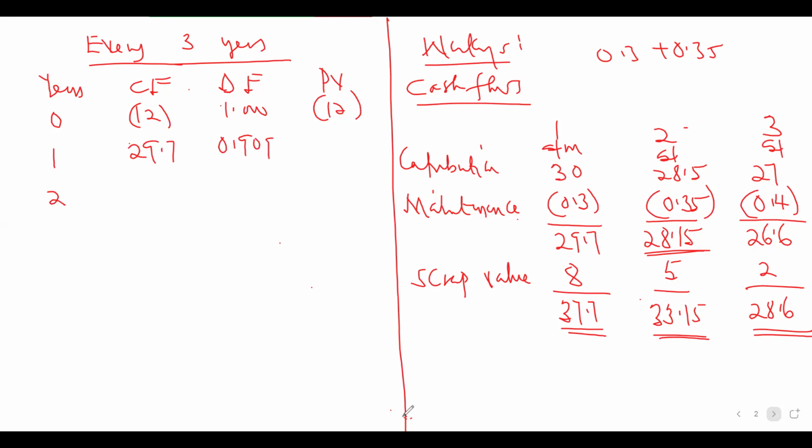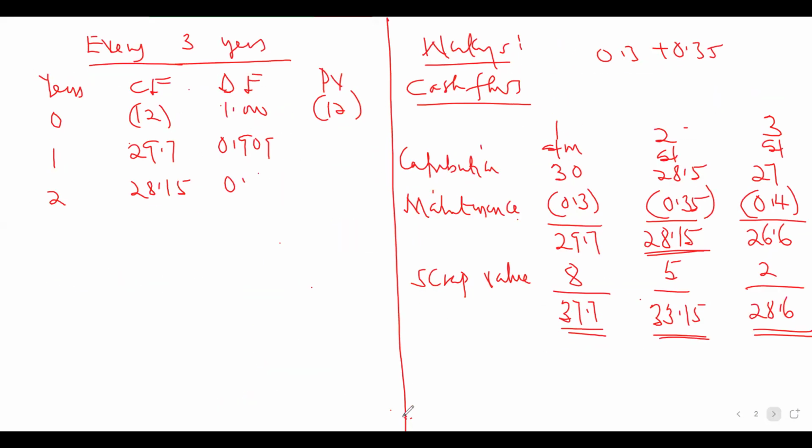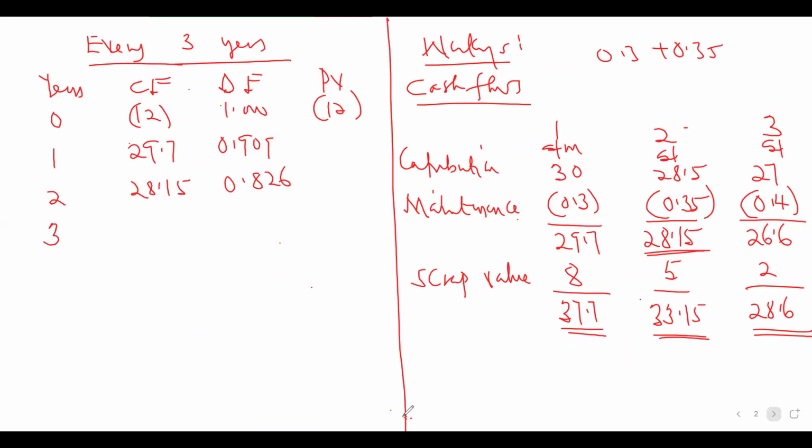Year two, what will be the cash flow that we are going to be receiving? 28.15. We are not going to be selling, so we only have the normal cash flow, at a discount factor of 0.826. Then we come to year three. What will be the total amount we are going to be receiving?